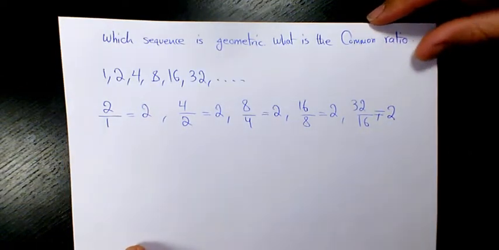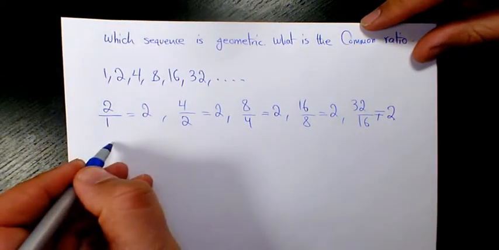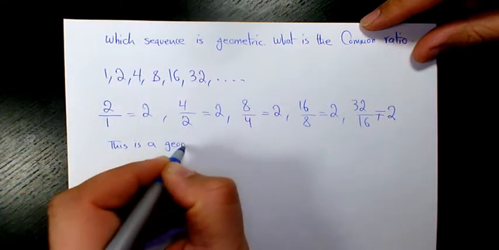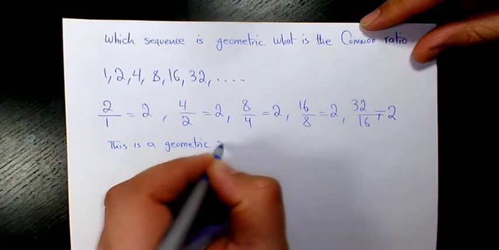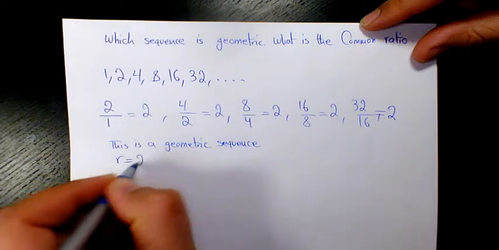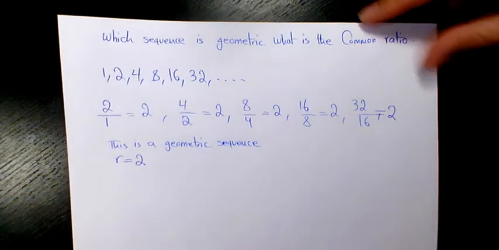So since we have a common ratio, we're going to say this is a geometric sequence, and the common ratio is 2.